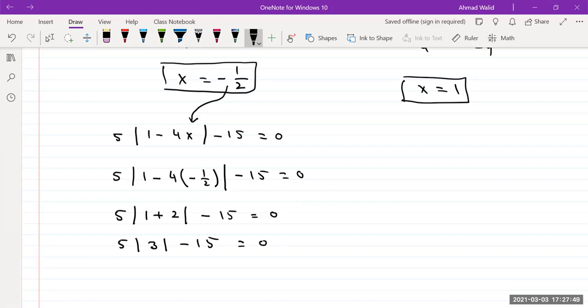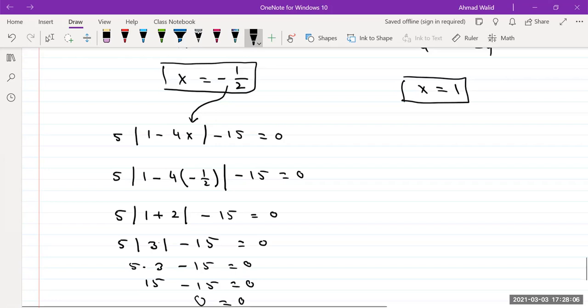What is the absolute value of 3? It is 3. 5 times 3 minus 15 equals 0. 5 times 3 is 15. 15 minus 15 equals 0. 0 equals 0, a true statement. It means negative 1/2 is one of the solutions.